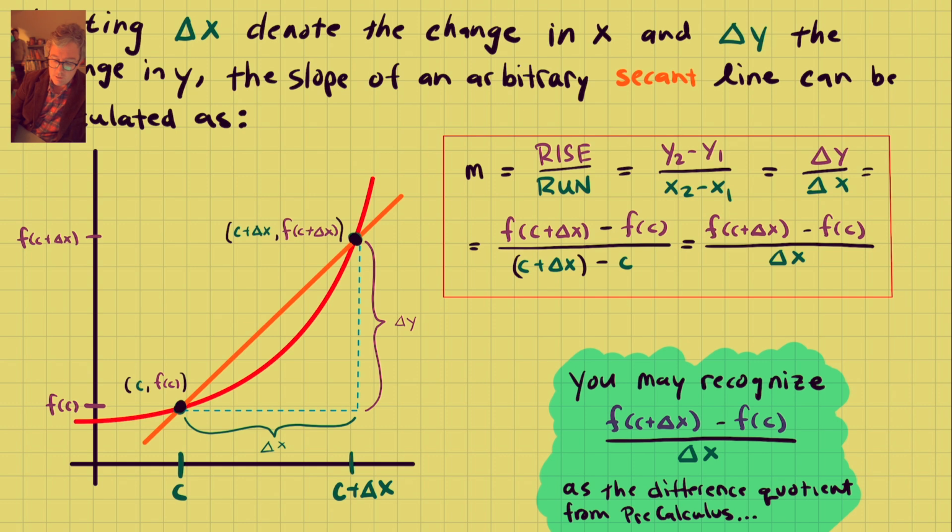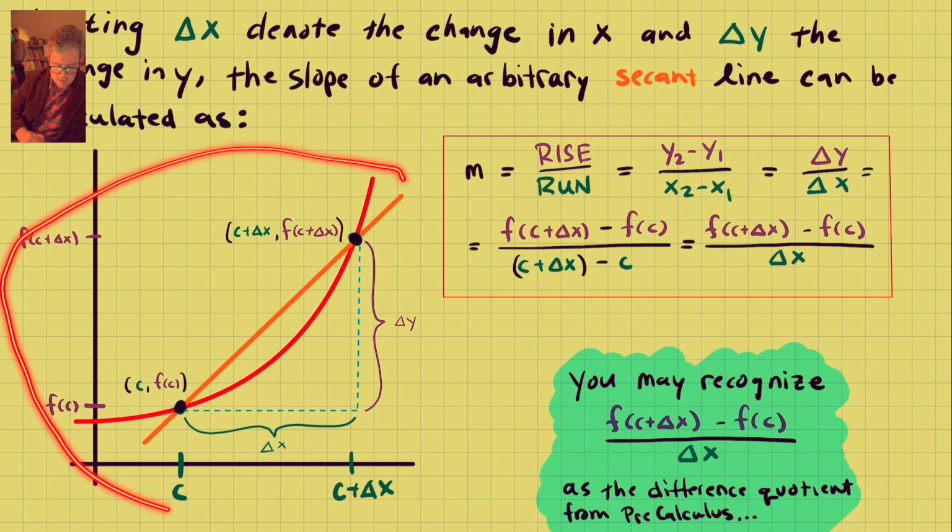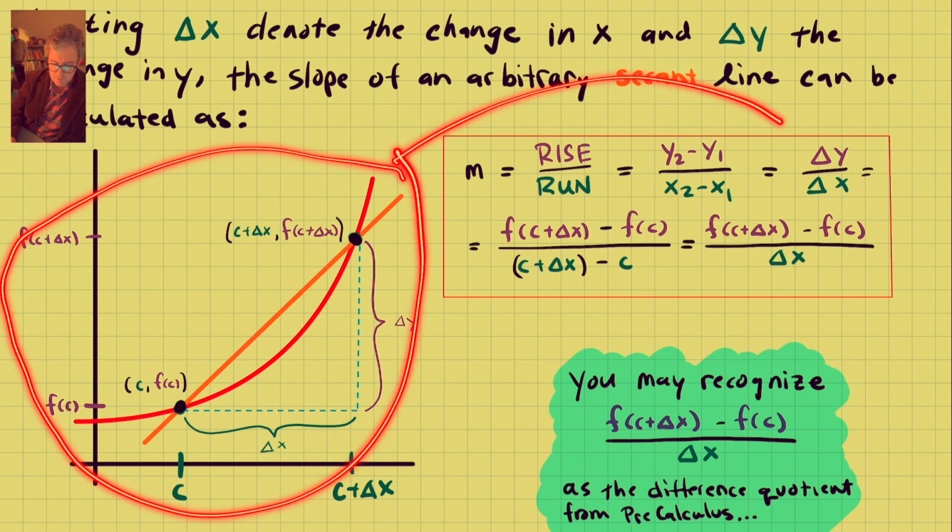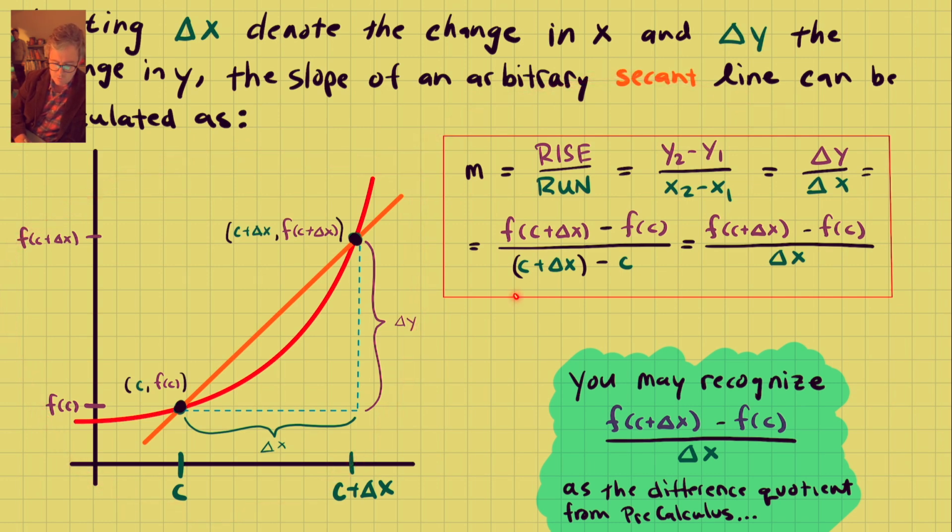Okay, and then in our newer notation, that's delta y over delta x. So the change in y, i.e. the rise, divided by delta x, the change in x, i.e. the run. Now if I take what I've drawn over here and I plug it into this, this is what I get.